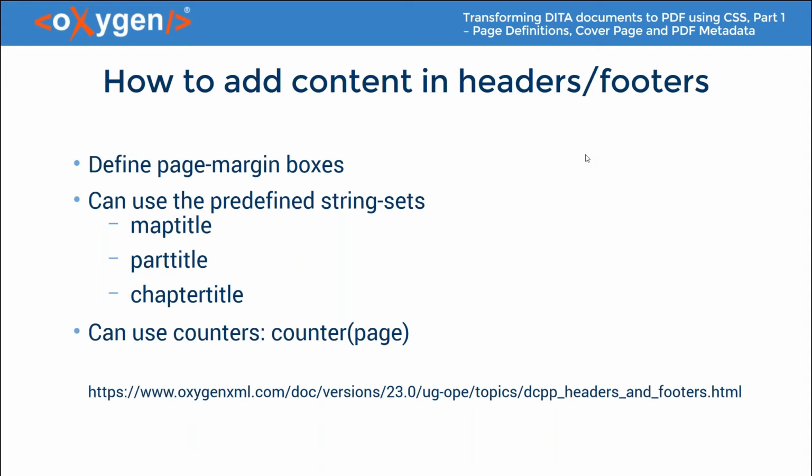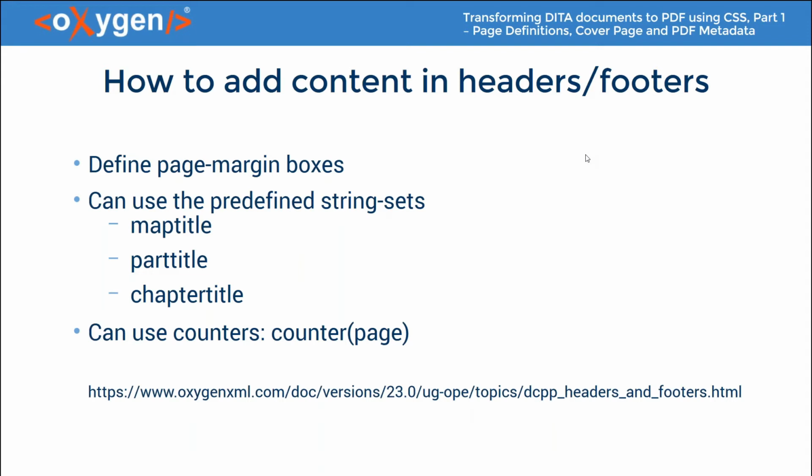Another thing you have to know is that we already define some string sets, which are CSS properties containing some content for the whole document. So for example, we have the map title, which is the publication title. We define the part title if your document contains parts, which in my case, I don't have.